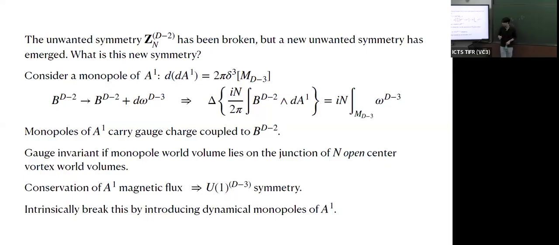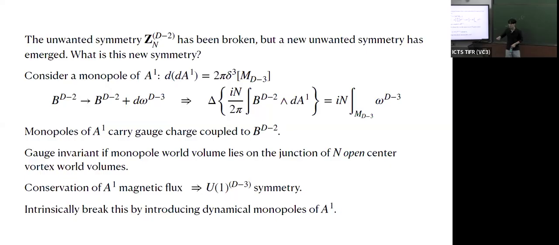What this means is the following. In the BF theory alone, there's no gauge invariant notion of a monopole because it's not gauge invariant. However, once you've introduced the vortices, you can have a gauge invariant definition of a monopole because you put the monopole world volume on the junction of open center vortex world volumes. That gives you a gauge invariant configuration.